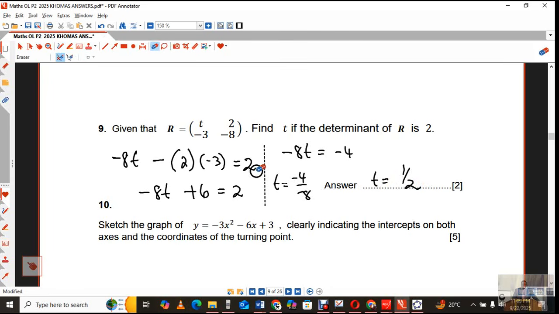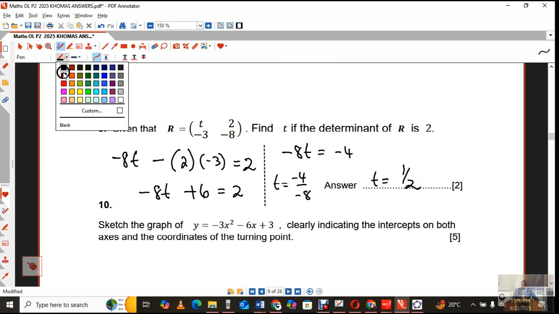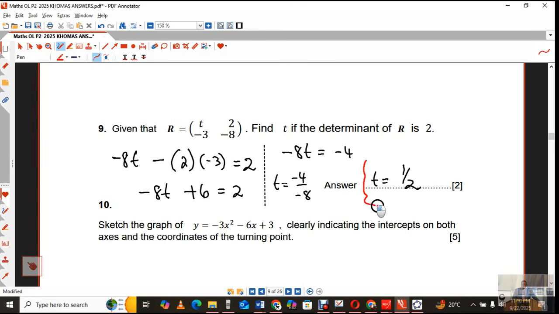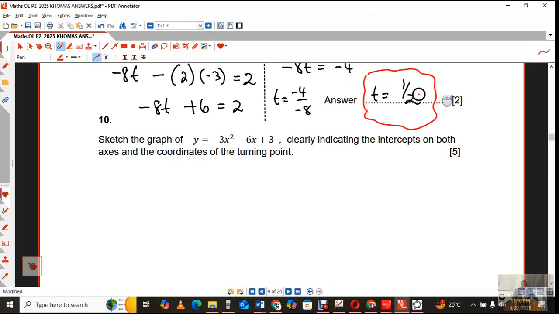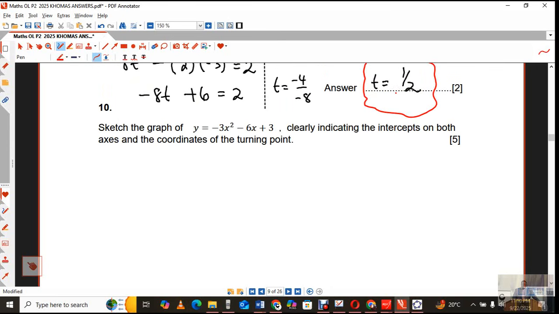Okay. Right. It's a very interesting way of asking that question. So make sure that you do understand how to find that. Very straightforward question.